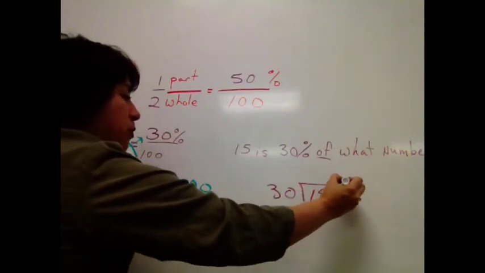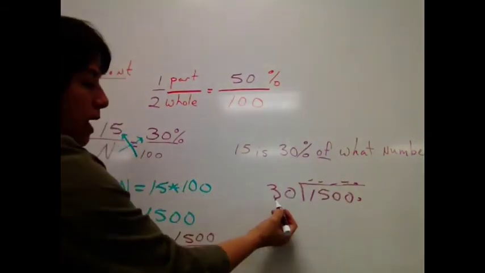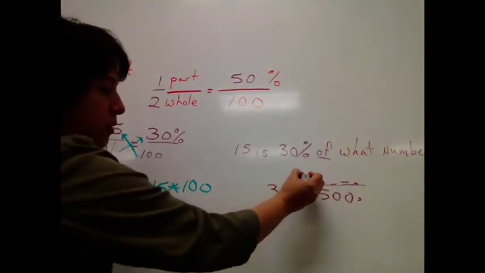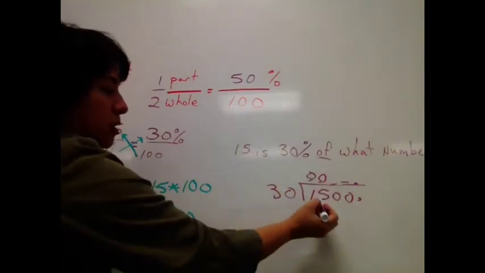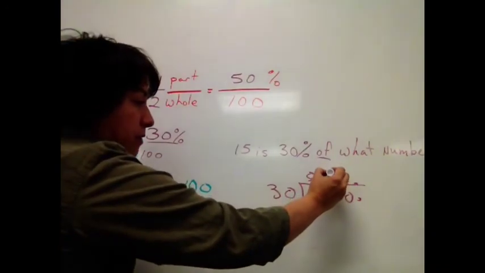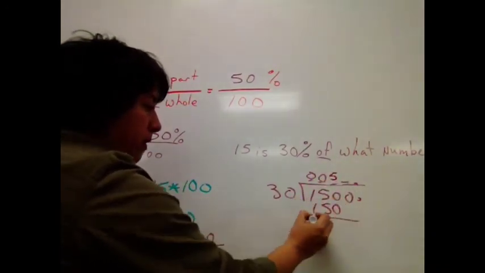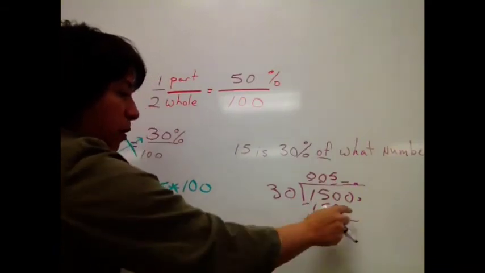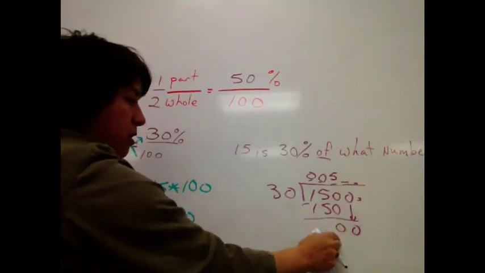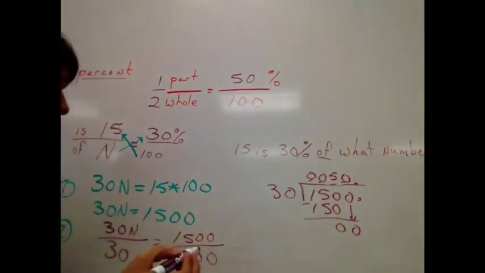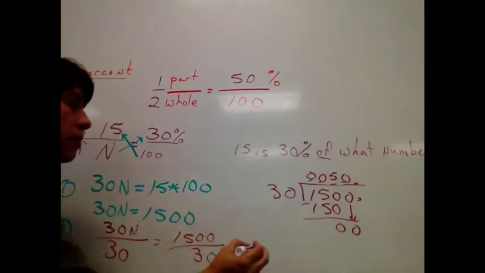Remember, put your decimal point, put a blank over a number. 30 goes into 1, 0 times. 30 goes into 15, 0 times. 30 goes into 150, 5 times. Subtract 0. But remember, we have a 0 left. We also have a blank left. 30 goes into 0, 0 times. Guess what? N equals 50.